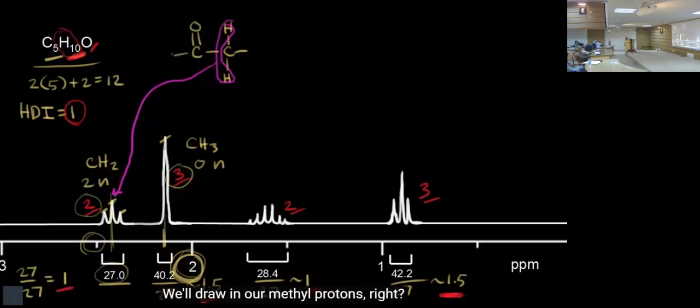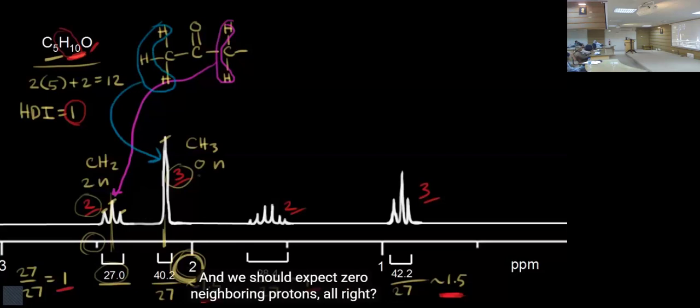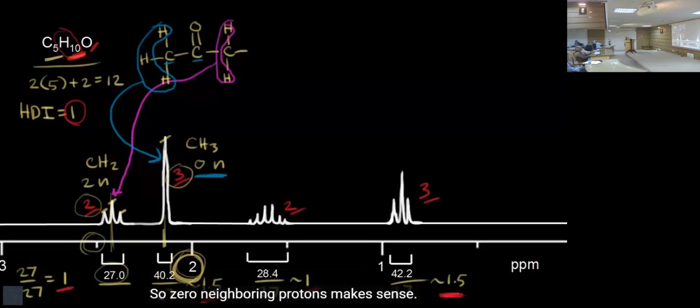So we'll draw in our methyl protons being de-shielded because they're next to the carbonyl, and let's make these blue. These 3 protons in blue are giving us this signal, and we should expect 0 neighboring protons. Those protons are on this carbon, and the next door carbon has no protons on it. So 0 neighboring protons makes sense.